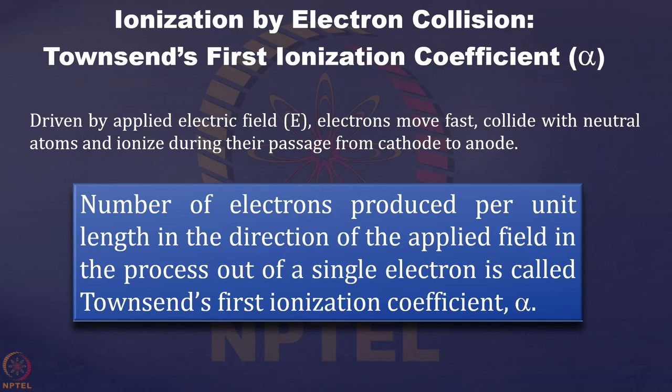They are not very sufficient in number, but they are there and they can do certain ionization. So initially these stray electrons, produced by ionizing radiation or due to thermal properties of the gas, may participate in the initial ionization process.